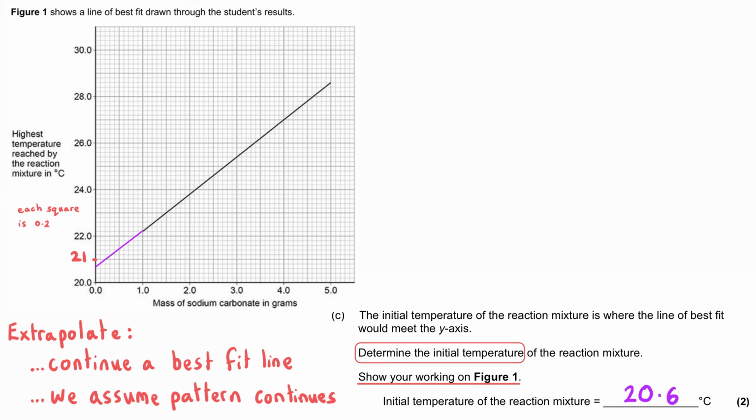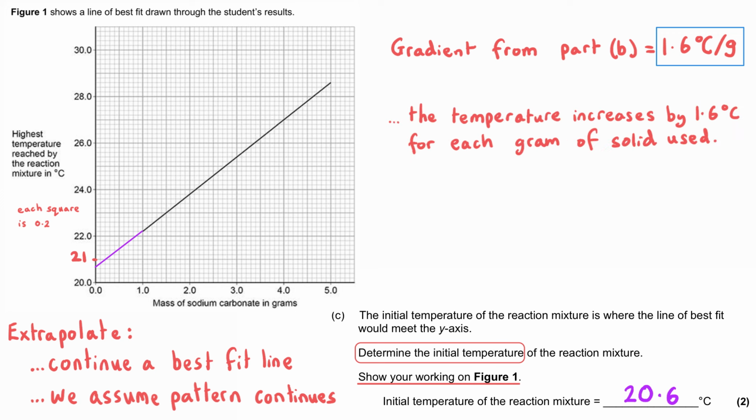The second way to answer this question is to use the gradient that you worked out in the previous question. We got an answer of 1.6 degrees C per gram of sodium carbonate. And this means that for every gram of sodium carbonate that you add, the temperature reached will be higher by 1.6 degrees C. And that works in reverse as well.